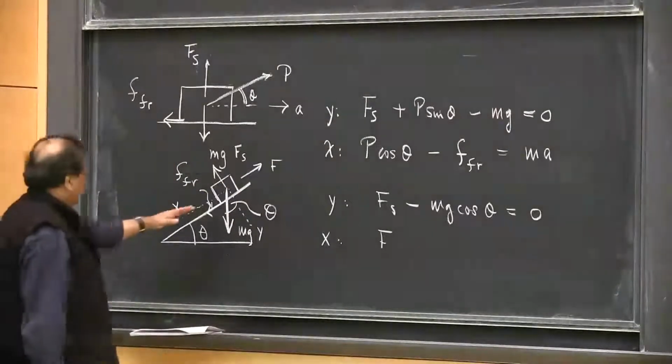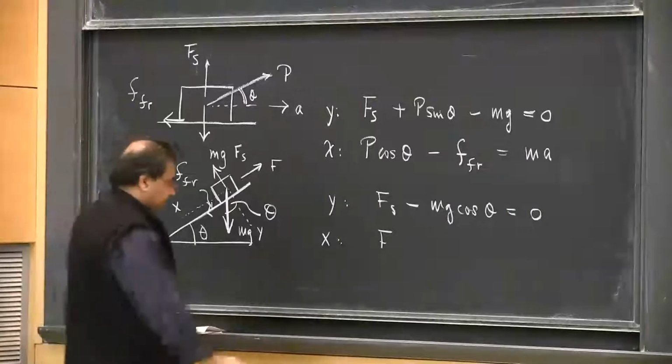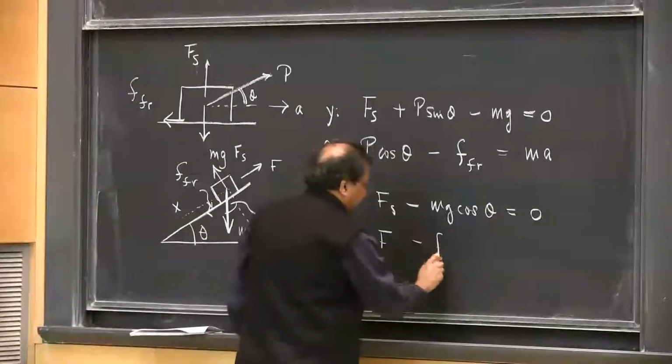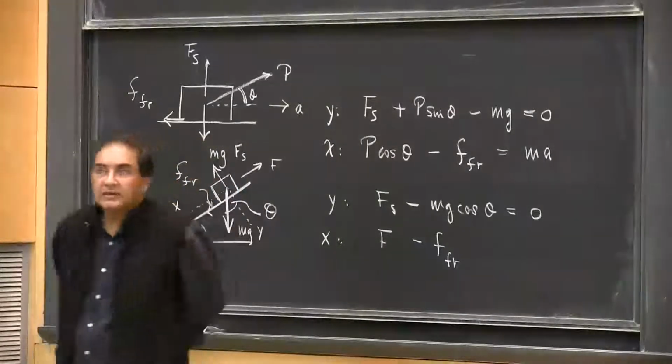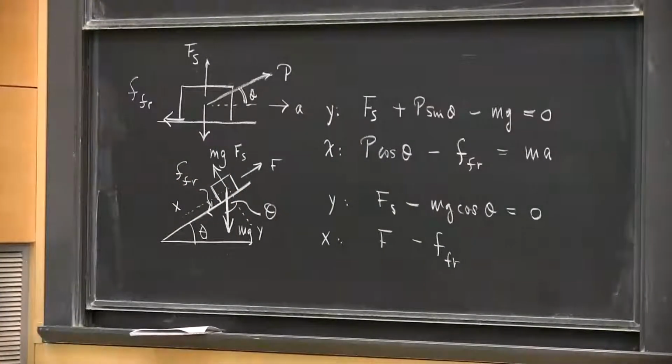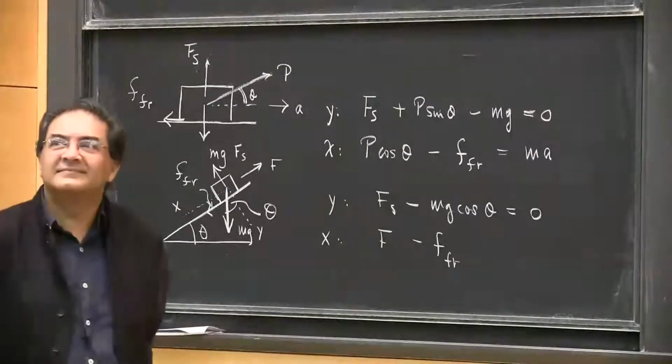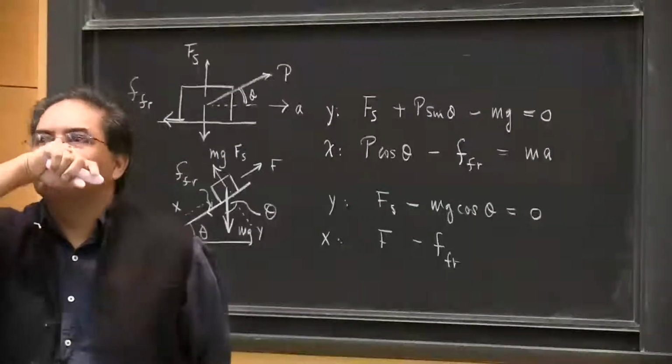Friction will be opposing me. What else is there? Is there any other force acting along the incline? F is upward, friction is opposing. You tell me. Gravity.